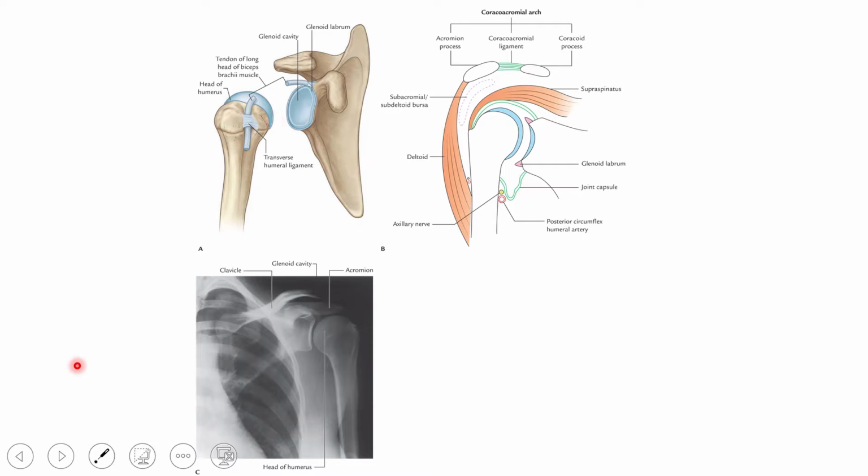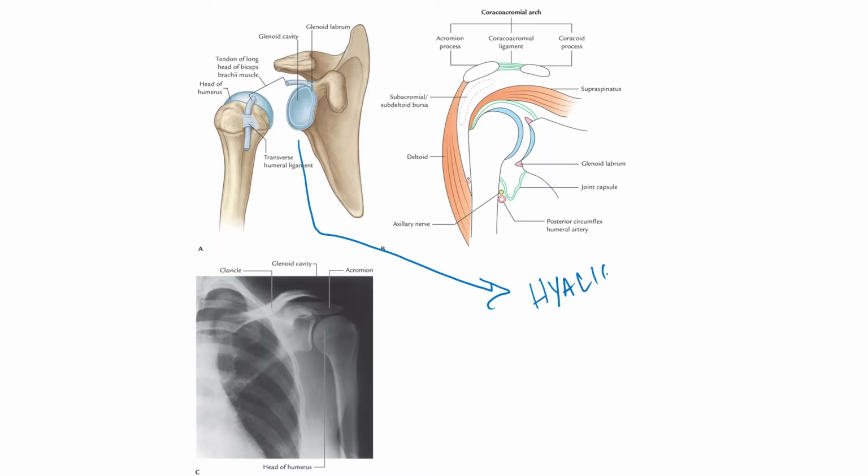Yes, the articular surfaces on both the bones are covered by cartilage, which is the hyaline type of cartilage. So the blue color in this picture represents the hyaline cartilage over both the articular surfaces.